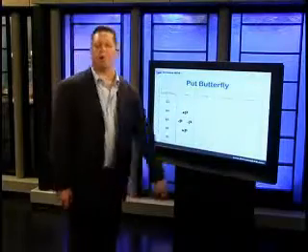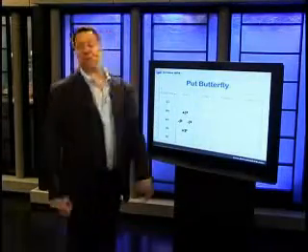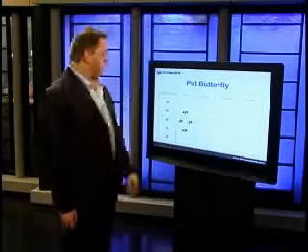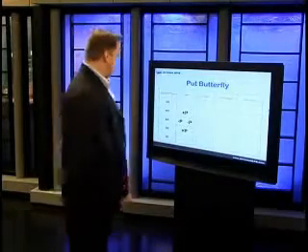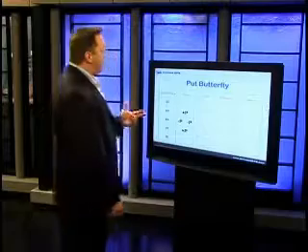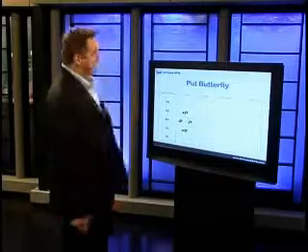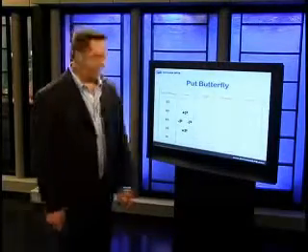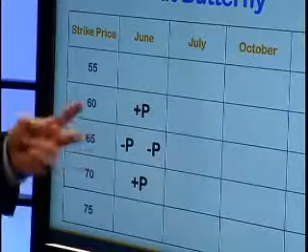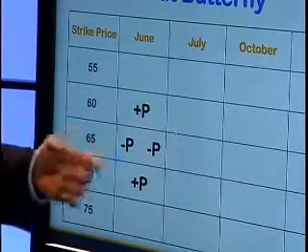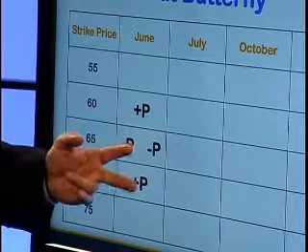What if I was in the put butterfly? Well, I still have a bear spread and a bull spread, don't I? Yes, I do. So what am I going to do? I'm going to find that bull spread, identify it, and leave it. Where is it? It's right here. It's the 65-70 short put spread here.